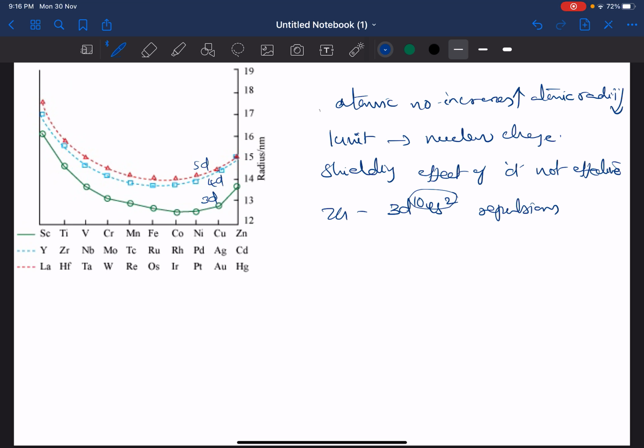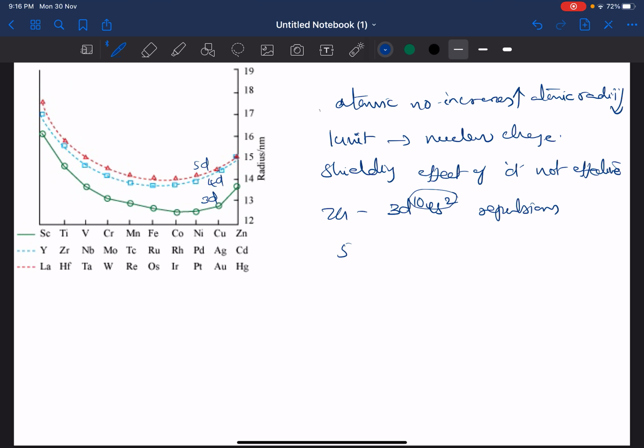So we know that the atomic radius is very small in the 3d series compared to the 4d and 5d series. The 4d and 5d series have nearly the same atomic radius. They have nearly the same atomic sizes. Why?